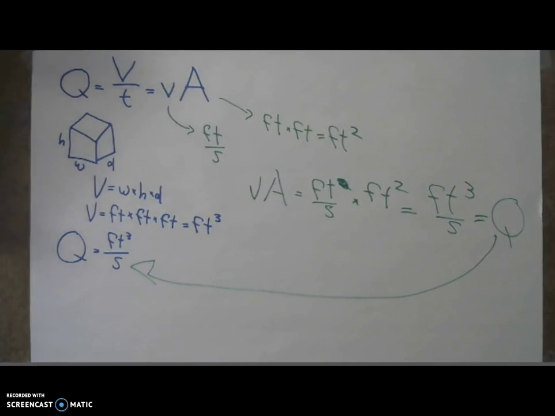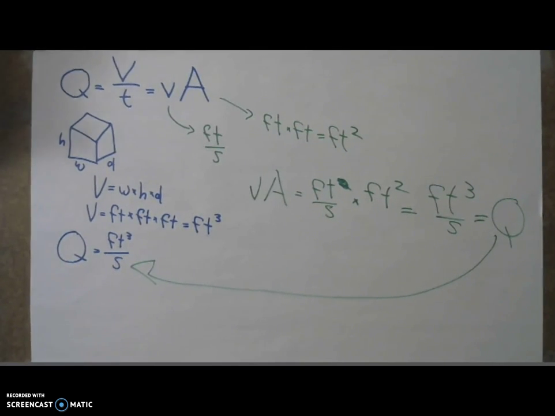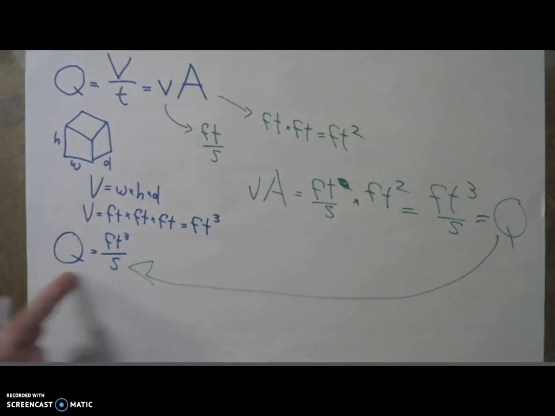And it's still all divided by time. See, volume per time equals velocity times cross-sectional area, which equals discharge.